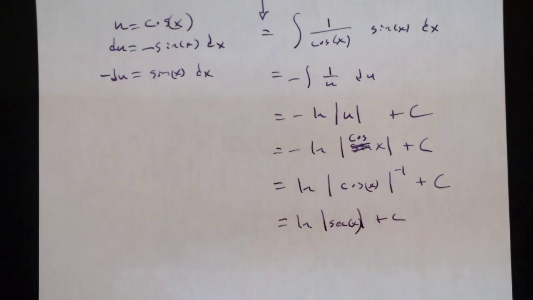One over cosine is a secant. That's actually the answer in the back of the book, which is annoying as all. I would take this one. But if you go online and plug this into Wolfram Alpha, you're going to get the bottom one.